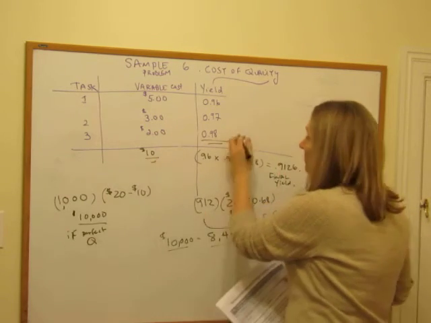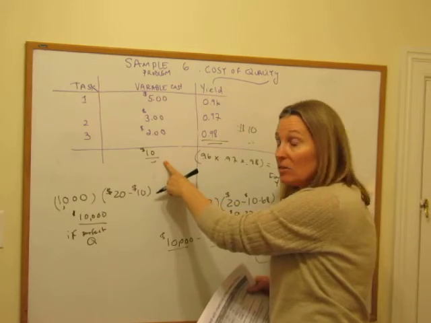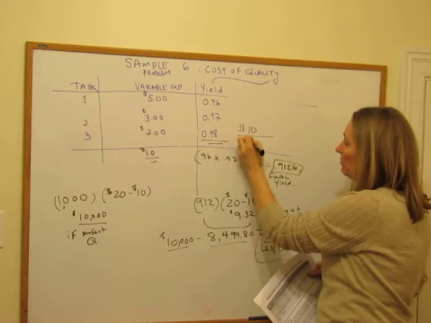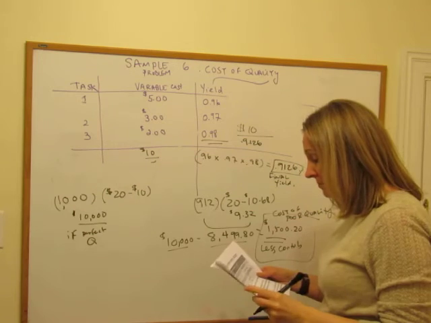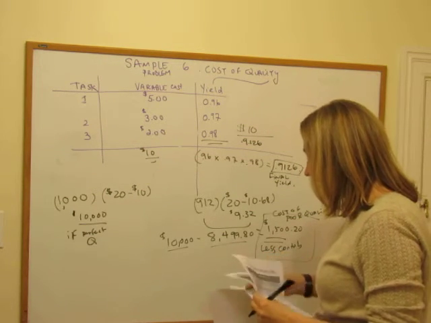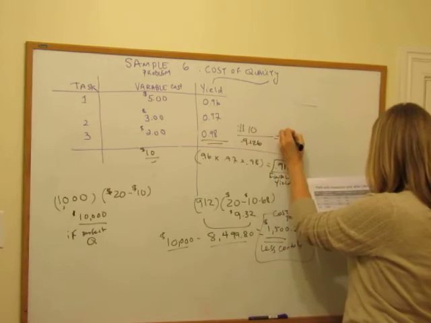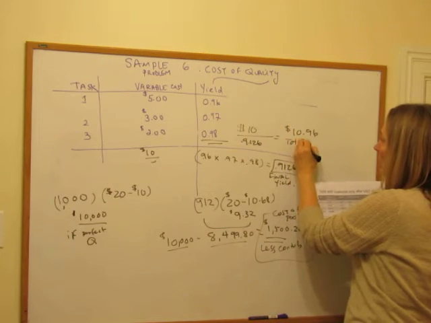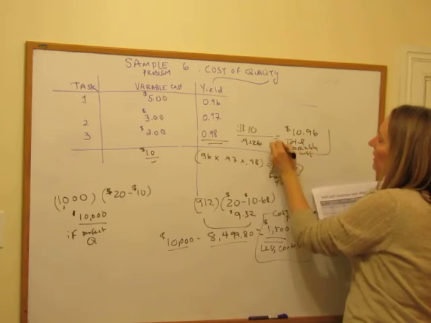So we have $10 total in variable cost added to every single unit, but we have to divide by this final yield of 0.9126, because that's the percentage that we have good. And it turns out that total variable cost is $10.96. This is the total variable cost when inspection is only at the end.